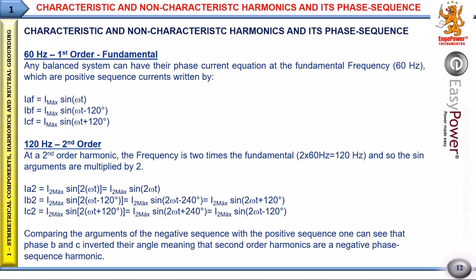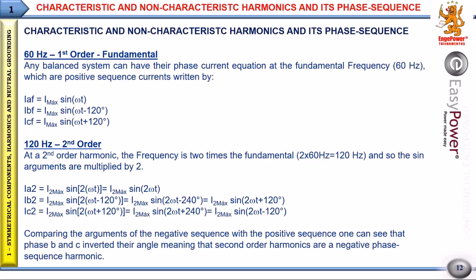The first one, the phase shift angle is 0 because here is 0. When we multiply here by 2, what do we have? Minus 240. That is the same as plus 120.